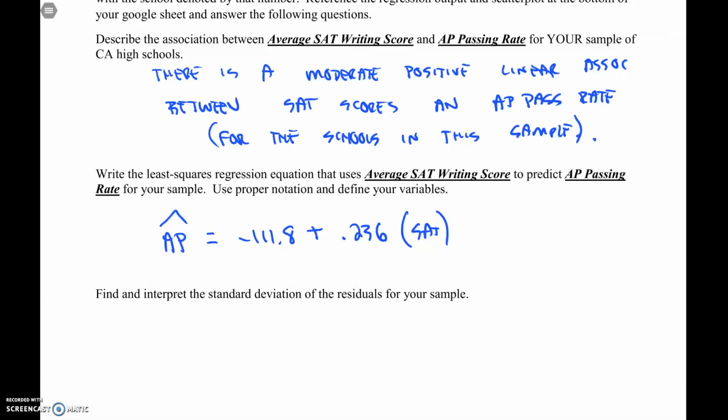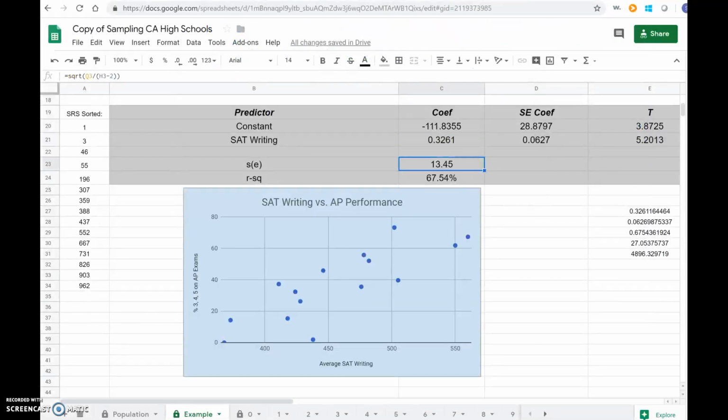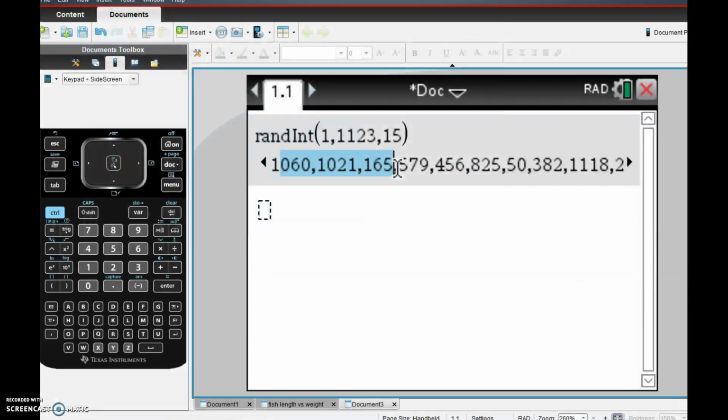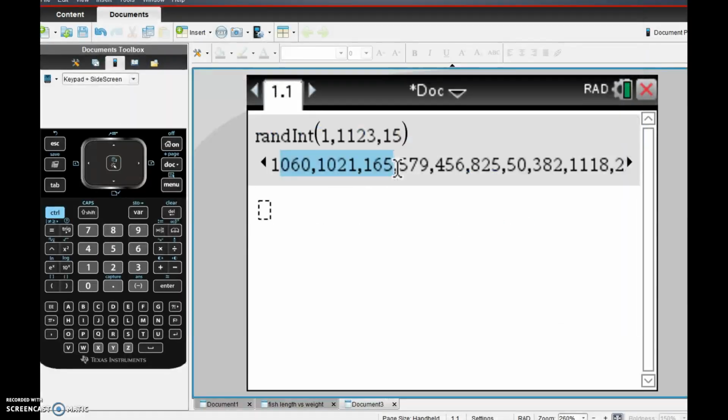Find and interpret the standard deviation of the residuals. That is this value here, 13.45. The standard deviation of the residuals is kind of like my standard error in my predictions.